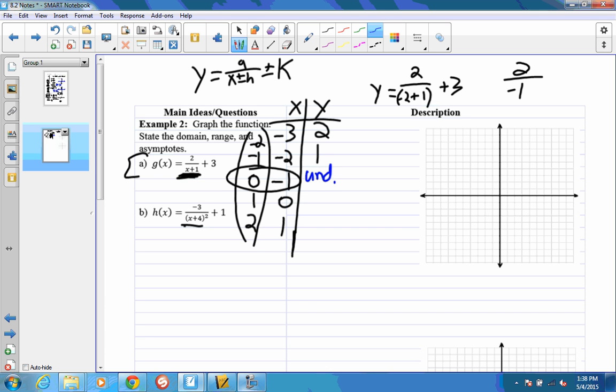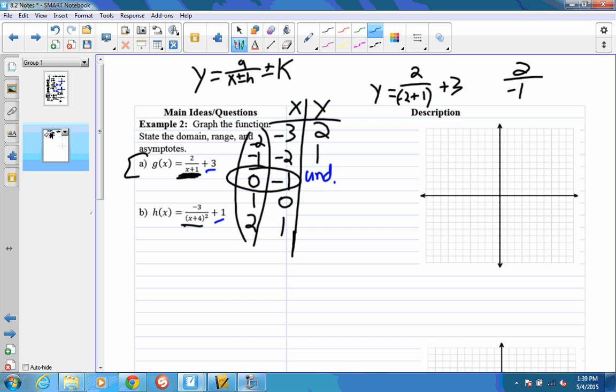That's what I'm saying. As soon as you get an undefined value, regardless of the fact that this says plus 3, or that this says plus 1, because you can't add 3 to an undefined value, you can't add 1 to an undefined value. As soon as you get undefined, stop and draw your asymptote. Where does this asymptote move to? x equals -1.